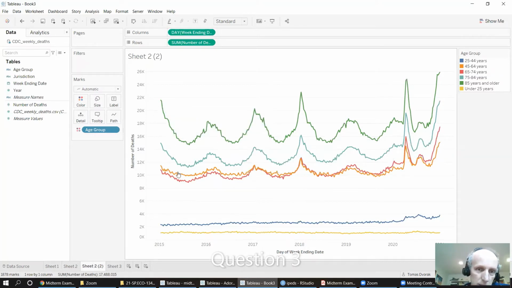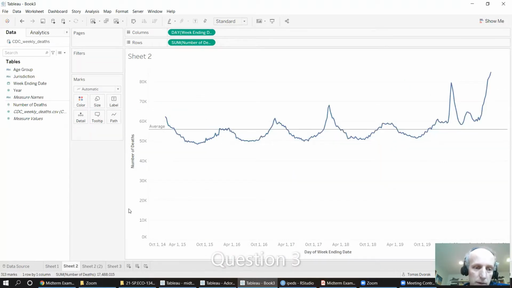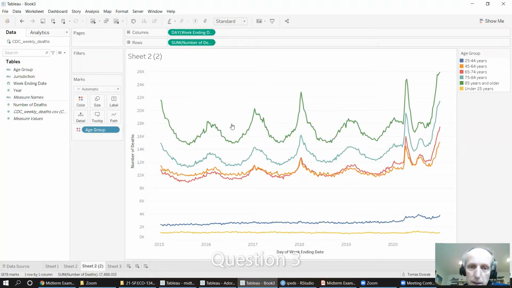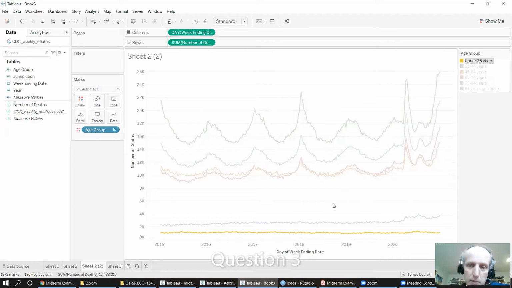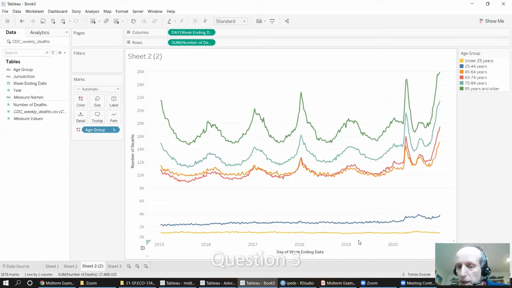Well, clearly the sum of these lines adds up to the blue line from the previous graph. We see that the number of deaths is highest for the oldest age group. That makes sense. It's lowest for the youngest age group. We also see that the seasonality is really most pronounced for the older group.